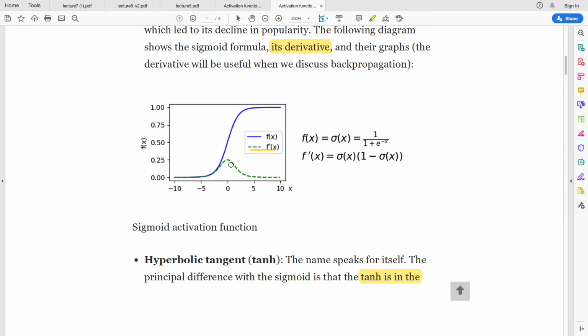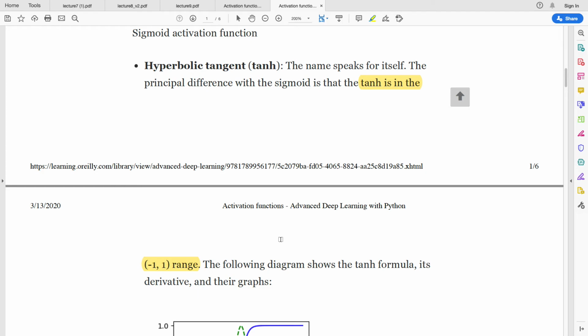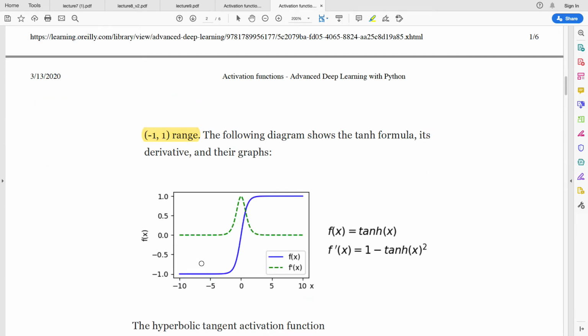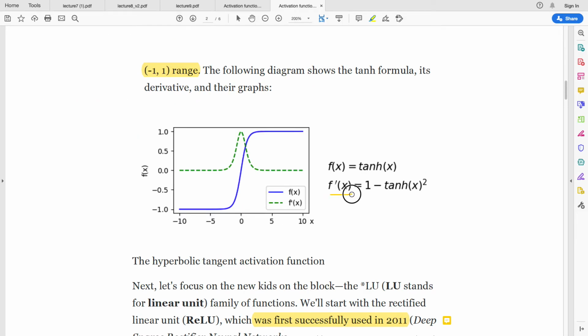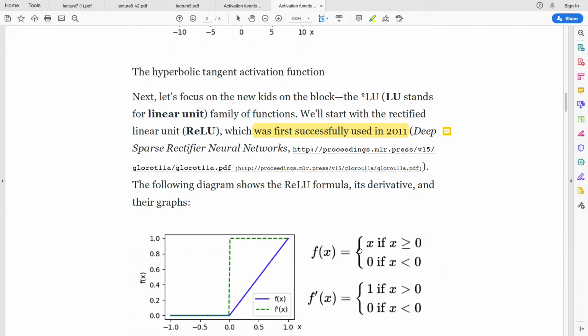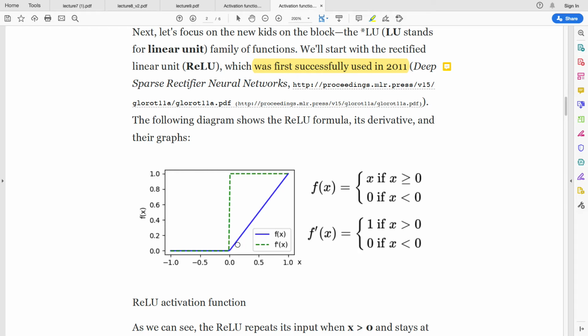So this is how sigmoid in green, that's how the behavior will be. The tanh, we mentioned it, and when we do the derivative, this is the way it behaves in green, and this is for ReLU. When we do the derivative of ReLU, this is how it is.